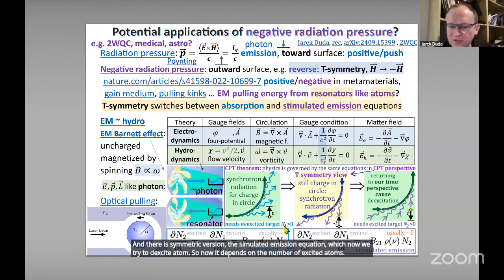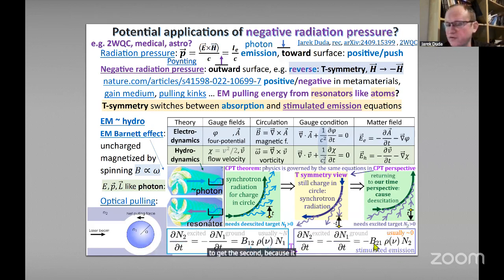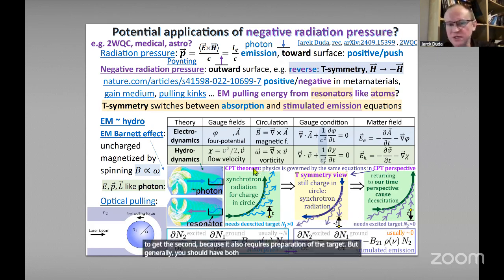Usually N1 is much larger than N2, and N2 is tiny, so it's much more difficult to get the second because it also requires preparation of the target. But generally you should have both. Symmetry suggests that you should have both this causality with the absorption equation, but also the stimulated emission equation.